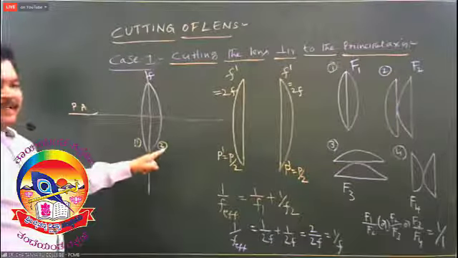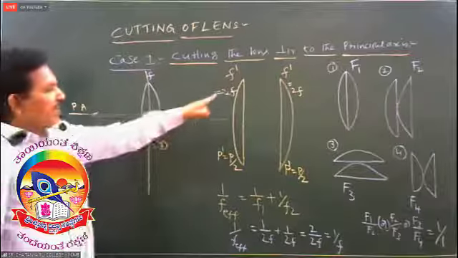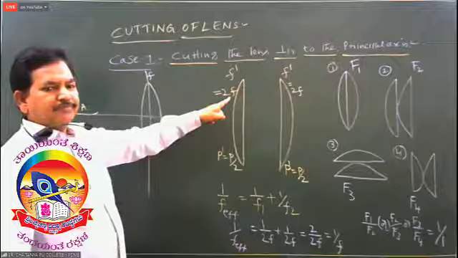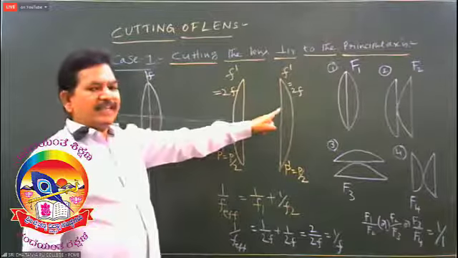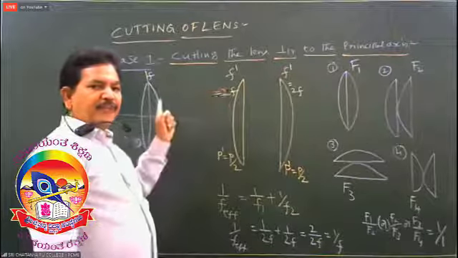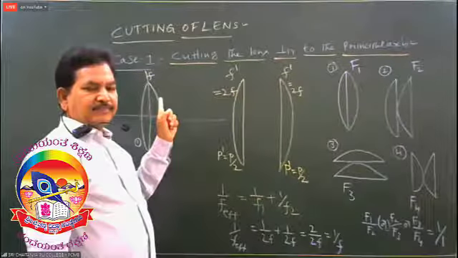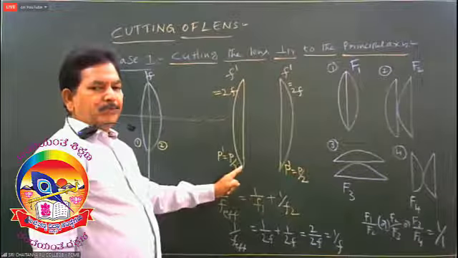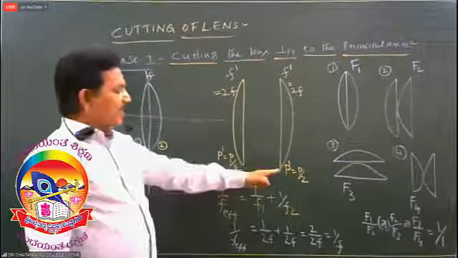First piece, second piece. The focal length of the first piece is 2f. The focal length of the second piece is also 2f. If I divide into three pieces, it becomes 3f. And P dash is equal to P by 2, the focal power of each lens.